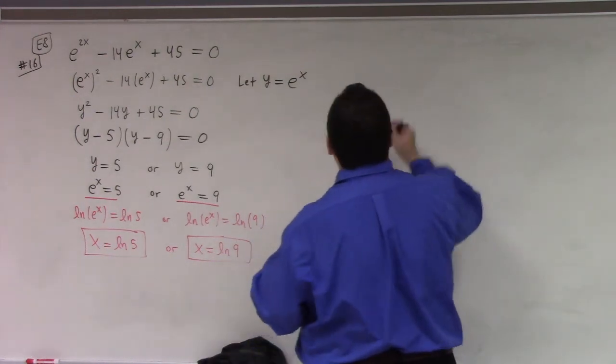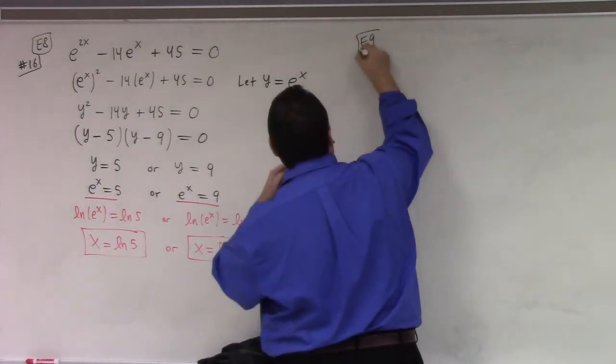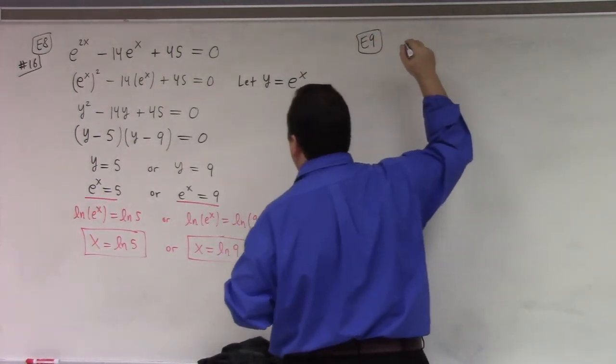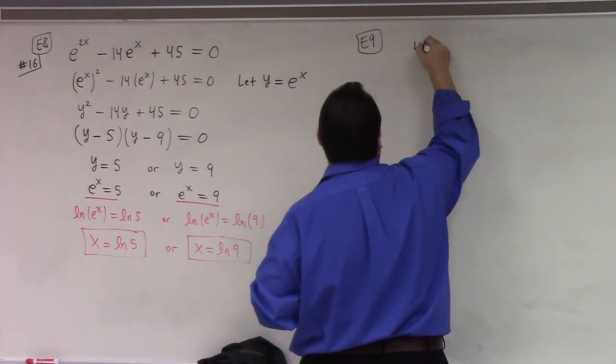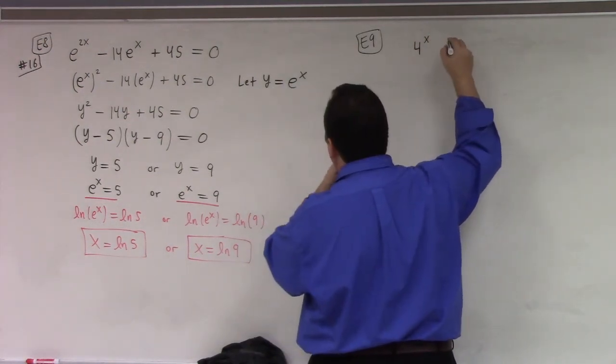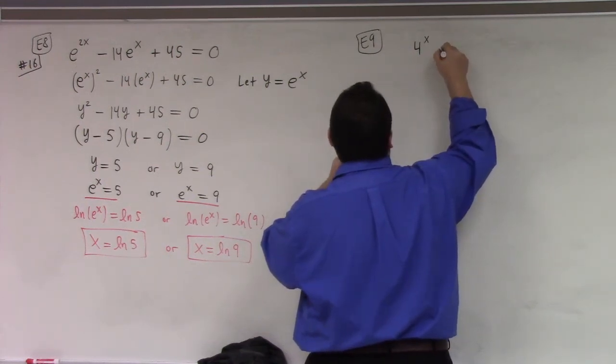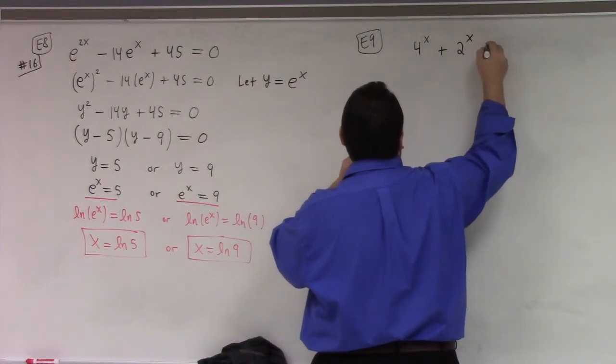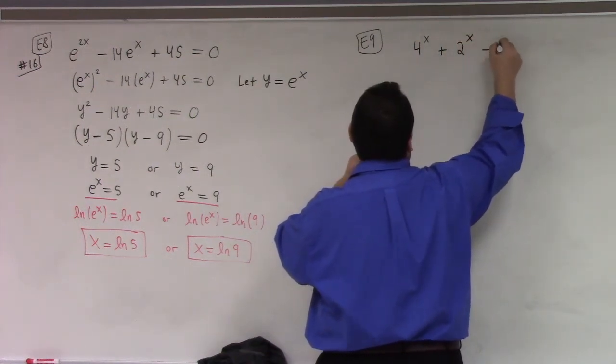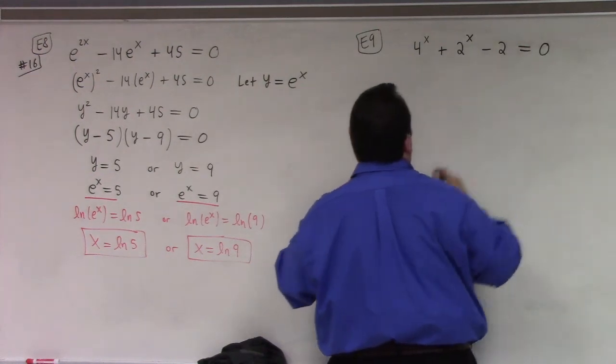For example, if we had something like 4 to the x plus 2 to the x minus 2 equal to 0.